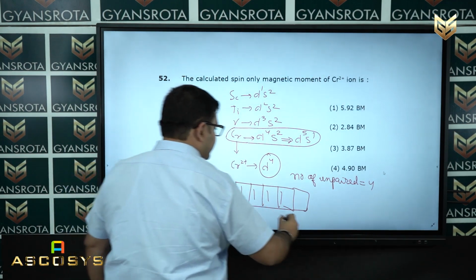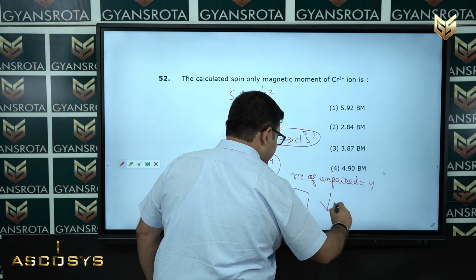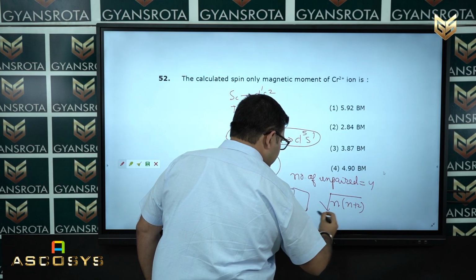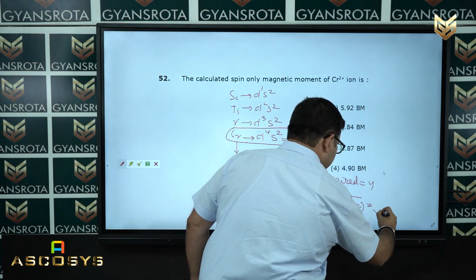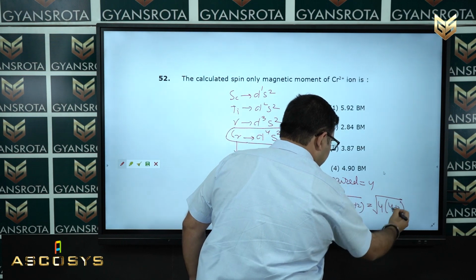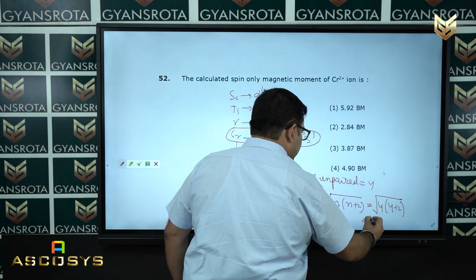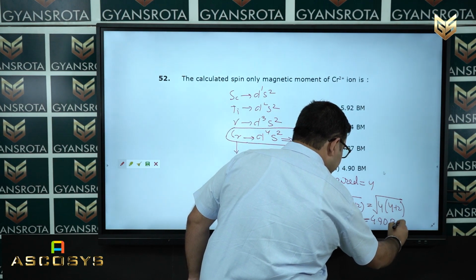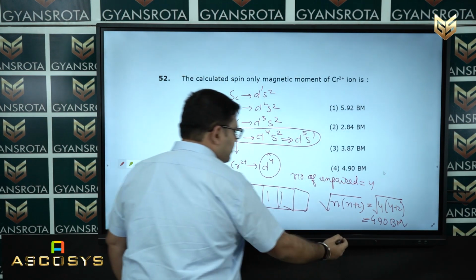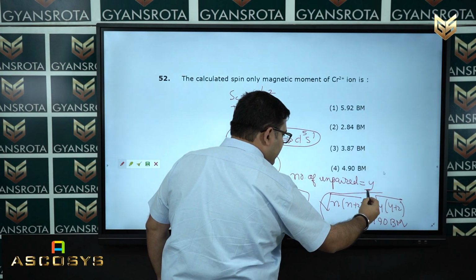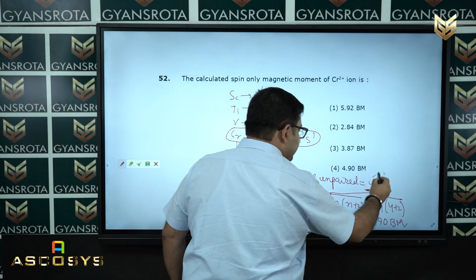Now, we know the magnetic moment formula, that is root over n into n plus 2. So the value will be root of 4 times 4 plus 2, and when you solve this, your answer will end up with 4.90 Bohr magneton.